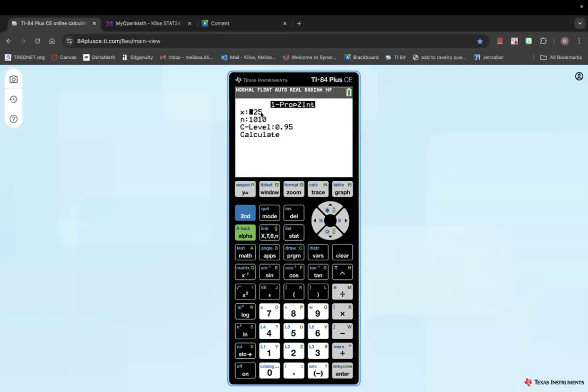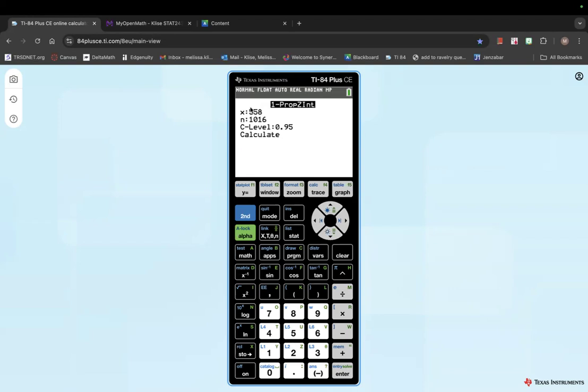It asks you for your number of successes. So my number of successes is 558. My sample size is 1016. And then my confidence level is 95%.